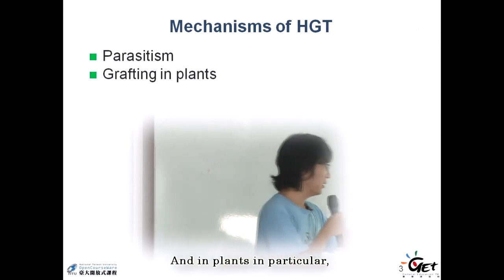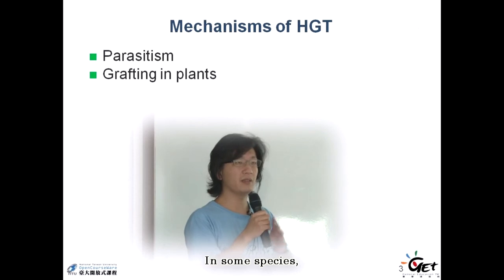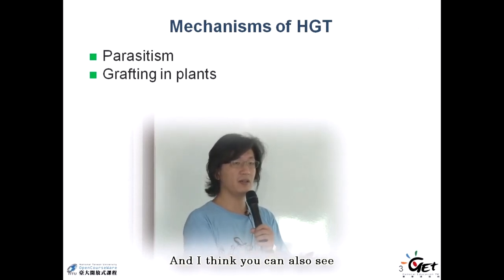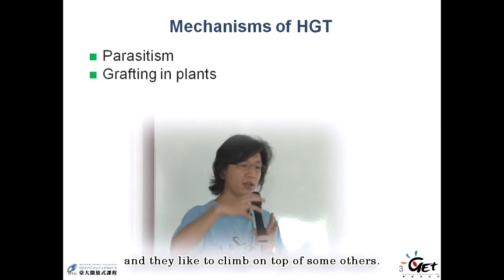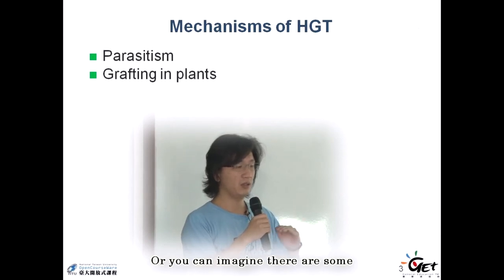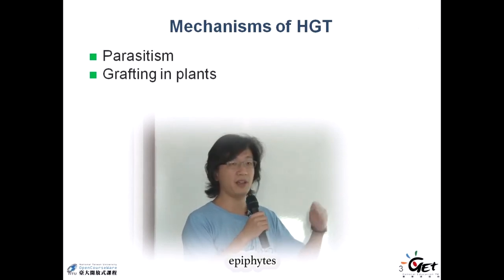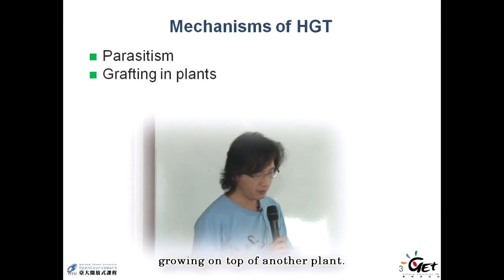And in plants in particular, grafting is quite common in some species. I think you can also see on campus that there are some fig trees that like to climb on top of others. Or you can imagine some epiphytes growing on top of another plant.